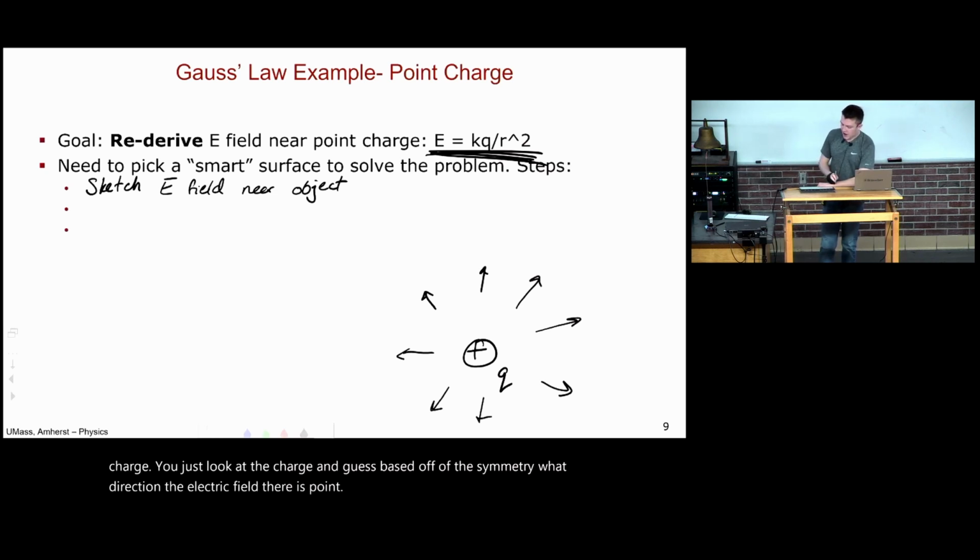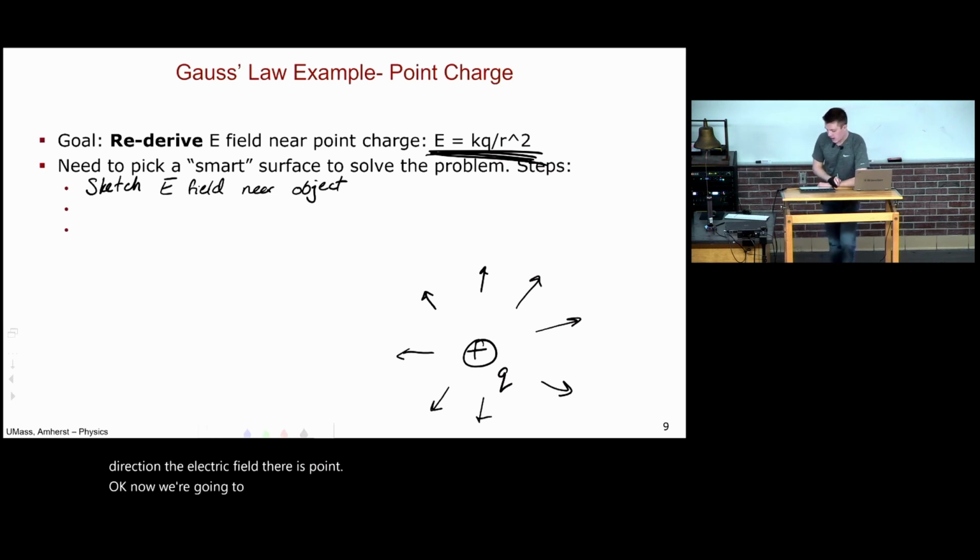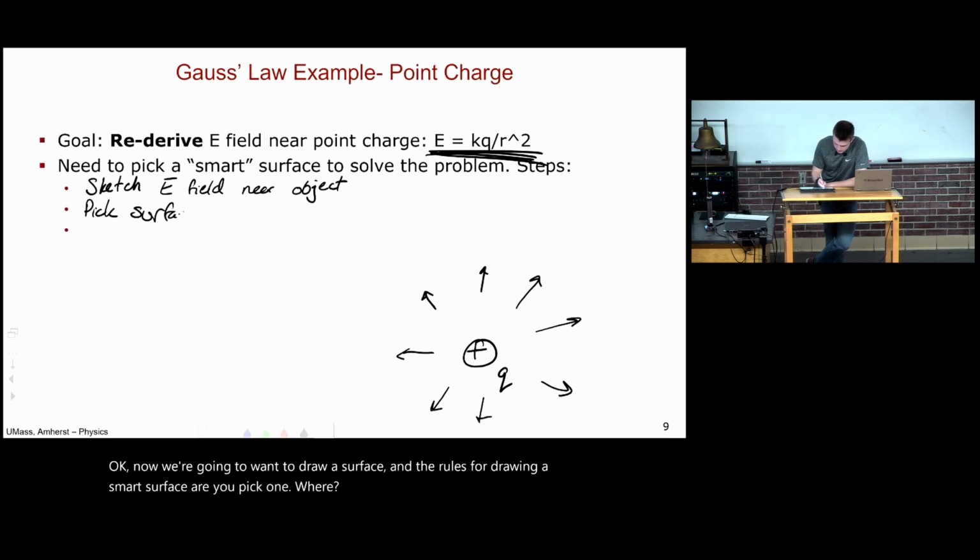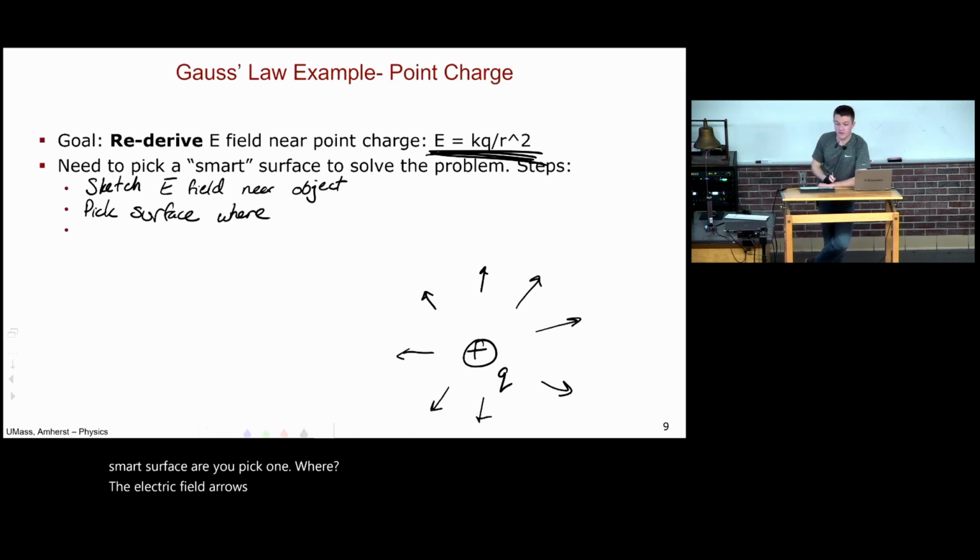OK, now we're going to want to draw a surface. The rules for drawing a smart surface are that you pick one where the electric field arrows are perpendicular to the surface you're about to draw.